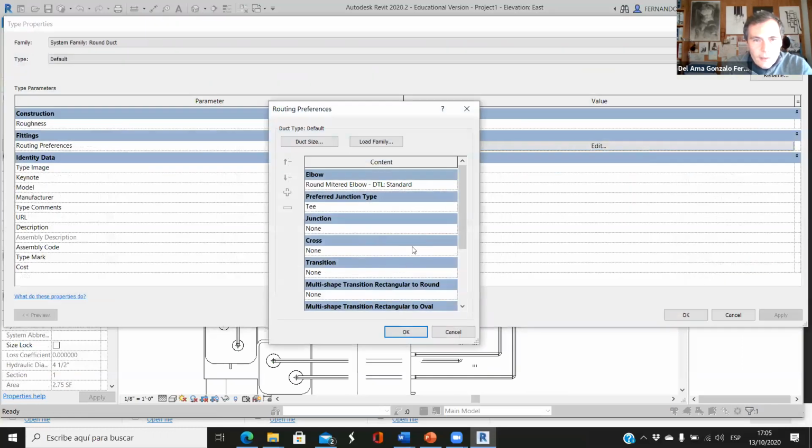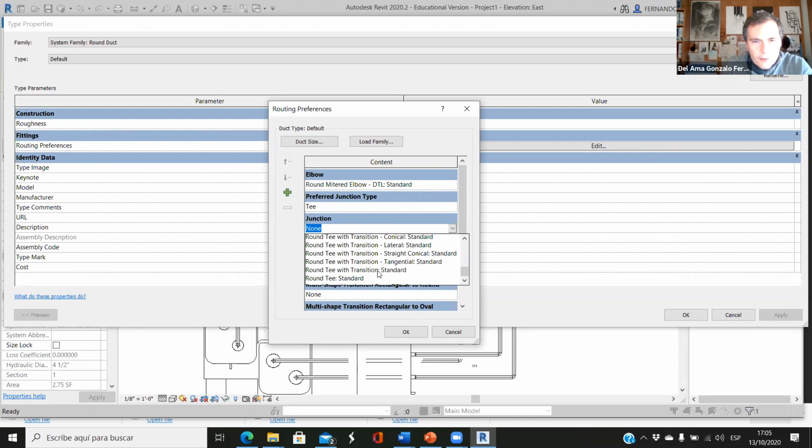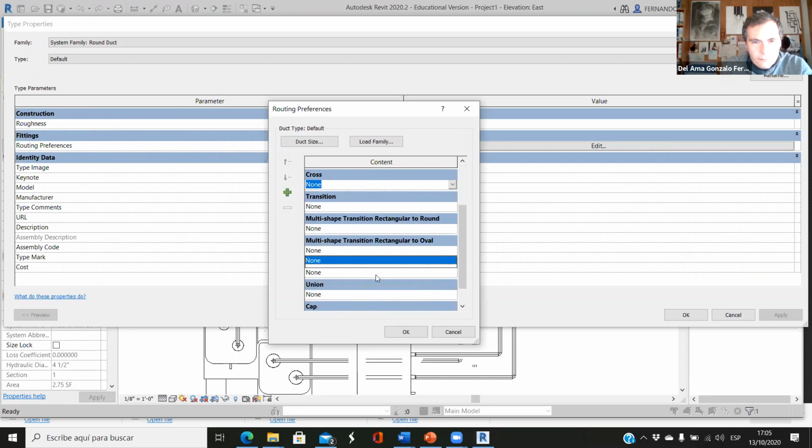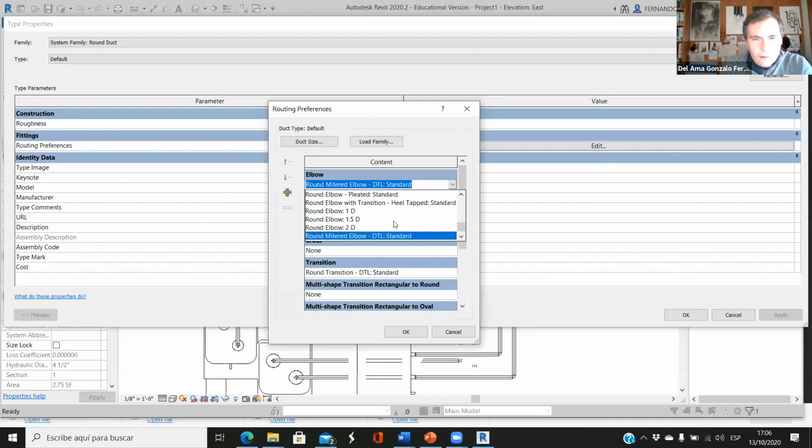So there is something here that is not junction. Transition standard and detail standard.